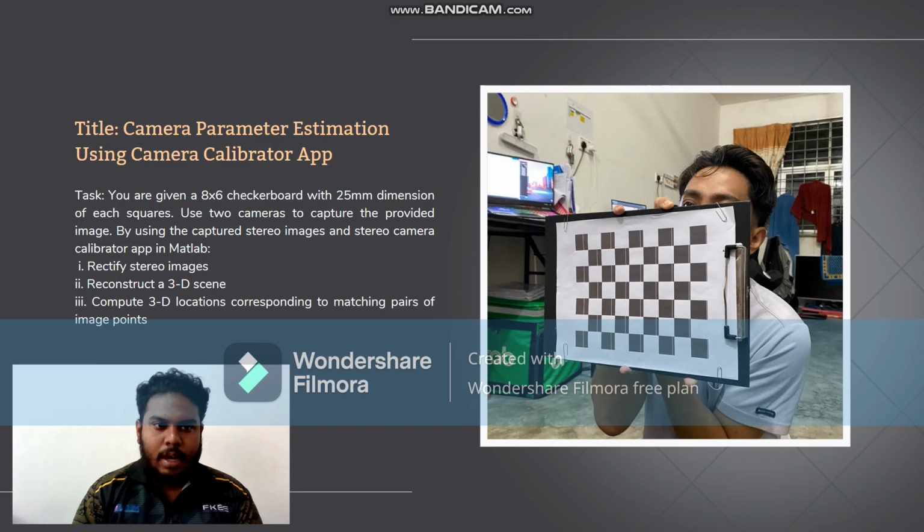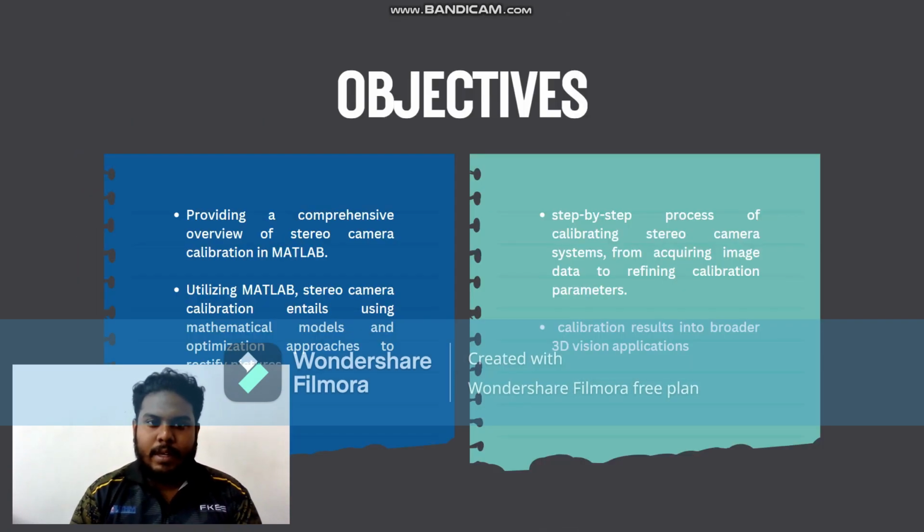We should use two cameras to capture, and we need to use the captured stereo images using the camera calibrator app to rectify stereo images, reconstruct a 3D scene, and compute 3D location corresponding to matching pairs of the image points.